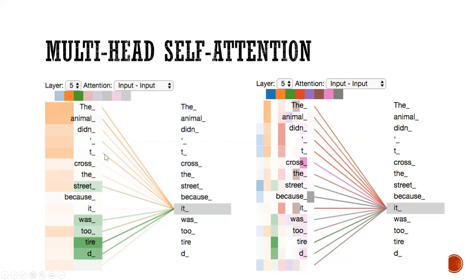For example, the orange one focuses on the animal, maybe, and the green one on street and somehow tired also. It is sometimes hard to explain exactly what it is focusing on, but it is definitely some part of the sequence. And if you show all 8, it becomes even more difficult to understand what is being focused on.